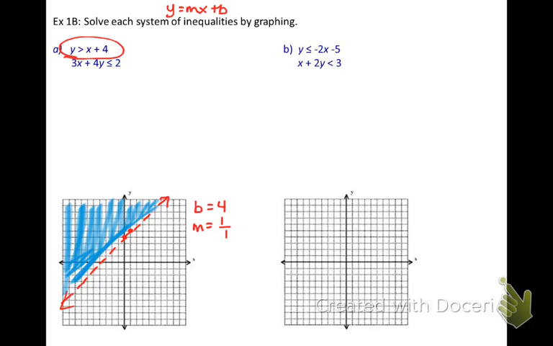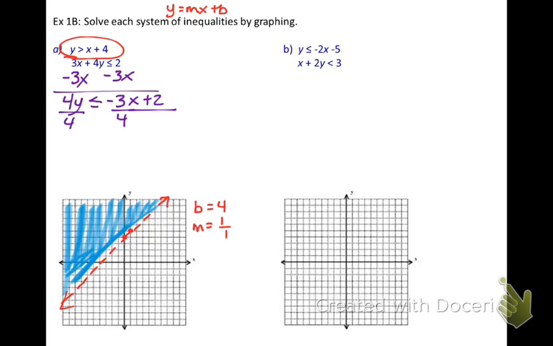Okay, so I'm going to do the second equation. Y is not by itself yet, so I'm going to subtract 3x from both sides. So 4y is less than or equal to negative 3x plus 2. Divide by 4 to everything.